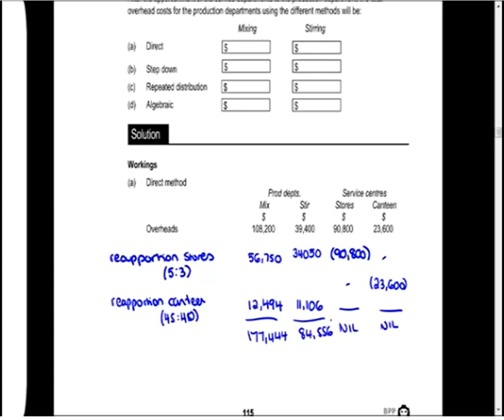84,556 for stirring. In part B then, we're going to use the step-down method, where we're going to recognise some of the interdepartmental service work. Because the stores department has the biggest amount of overhead in, we're going to start with reapportioning the service centre that is the stores.